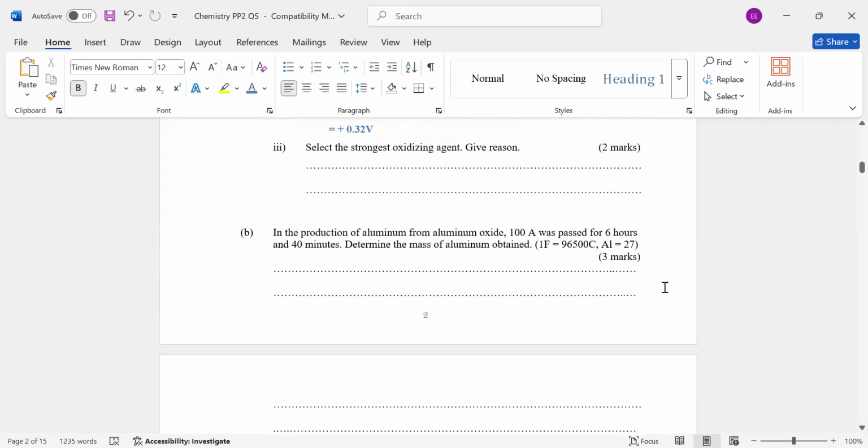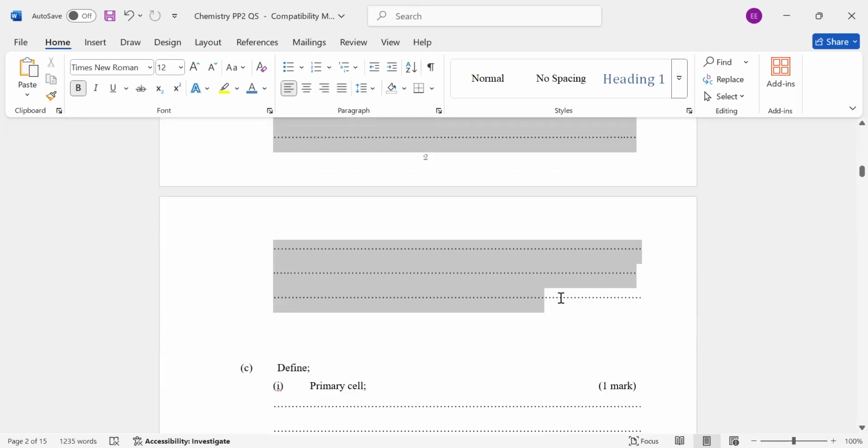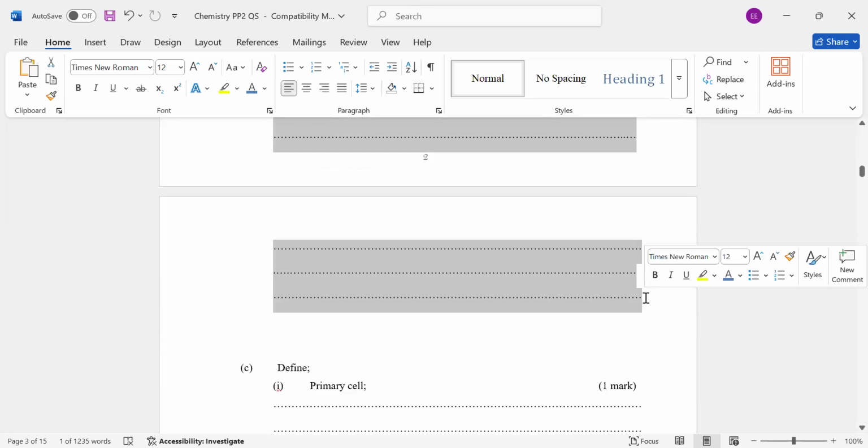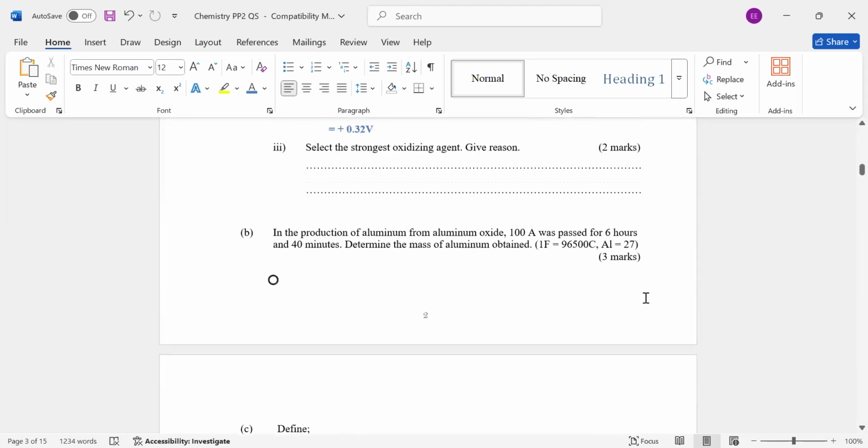First of all, anytime you're given this, by the way, one free mark is usually calculating the charge, the quantity of charge. That is normally a free mark. And how do we calculate charge? Q is equal to IT. That is the first thing that you're supposed to say. Where I is the current and T is time, and this time should be in seconds.